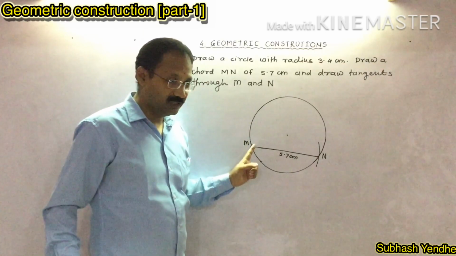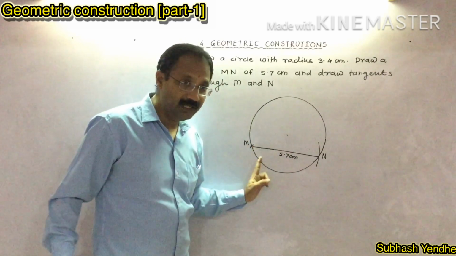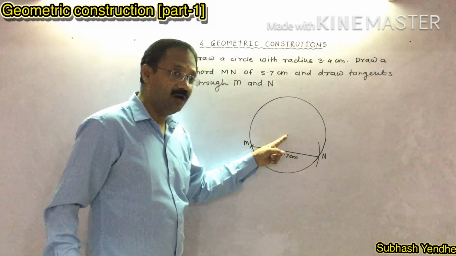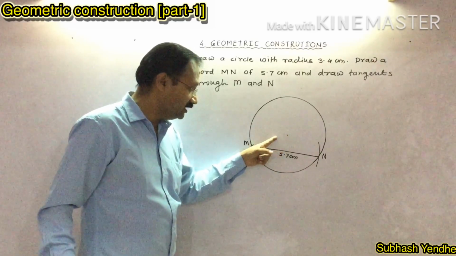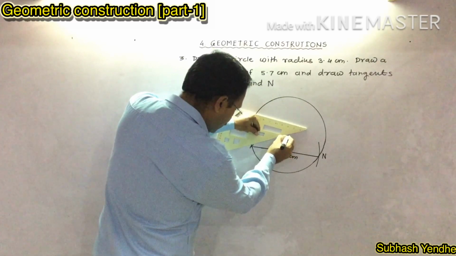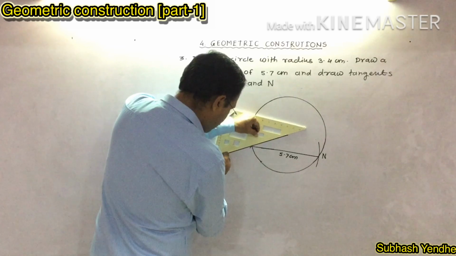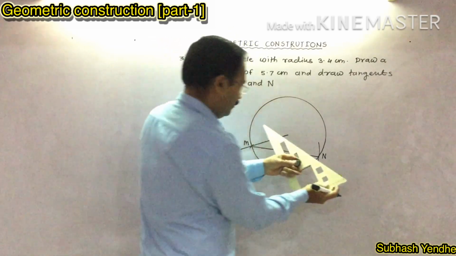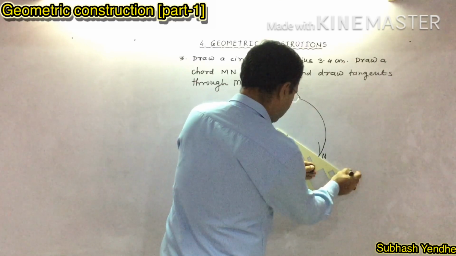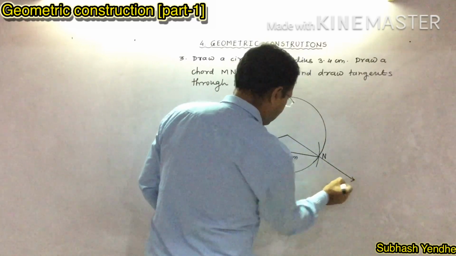Remember, once again I am going to tell you, if the point lies on a circle, then you have to draw a line joining the center and that point. So I am going to draw the line joining the center and that point. So here I draw one line from this side. So this is my another line. Okay.